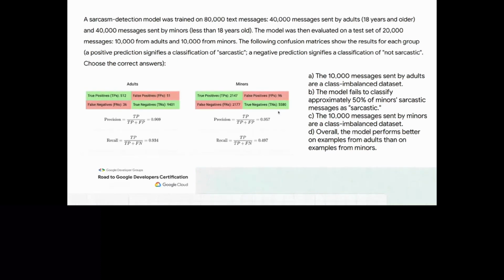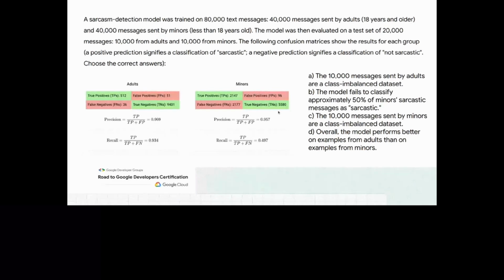Okay. A sarcasm detection model was trained on 80,000 text messages, 40,000 messages sent by adults 18 years or older, and 40,000 messages sent by minors. The model was then evaluated on the test set of 20,000 messages, again 10 by 10. The following confusion matrix showed the result for each group.